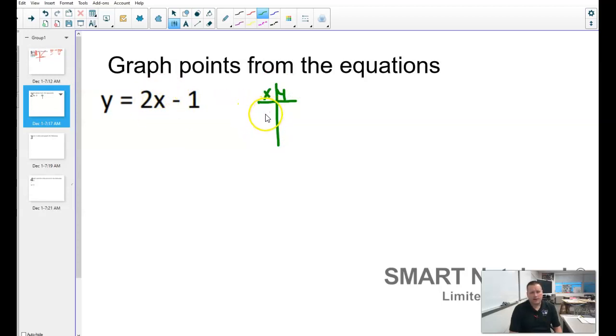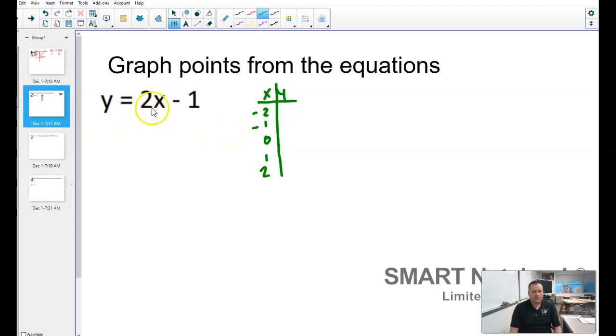I like to put some negatives as well, so I'm going to go -2, -1, 0, 1, and then 2. Let's just go with those 5 values. Some people say, well, where did I get those values from? I just decided that was a good place to start. You can start just about anywhere that you want with these. So I usually try to start around 0 and go either way of those.